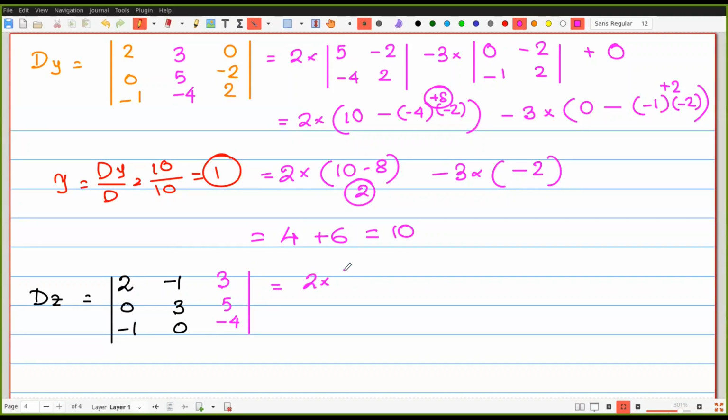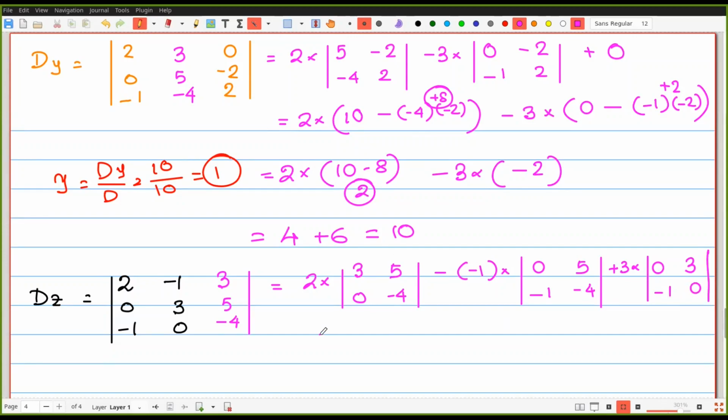Let's check. 2 into (3 times minus 4 minus 5 times 0), minus of minus 1 into (0 times minus 4 minus 5 times minus 1), plus 3 into (0 times 0 minus 3 times minus 1).